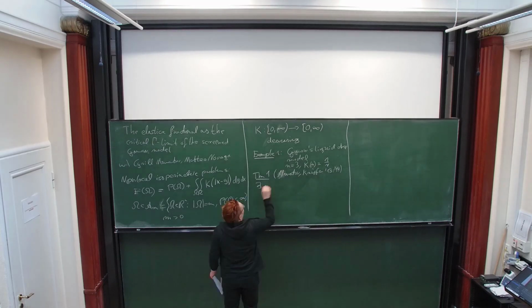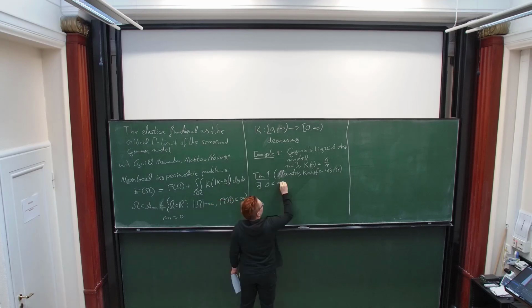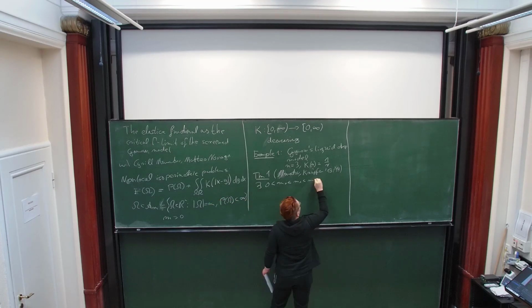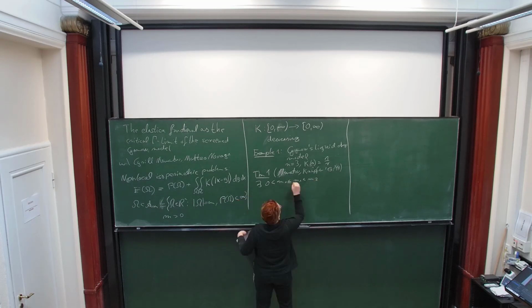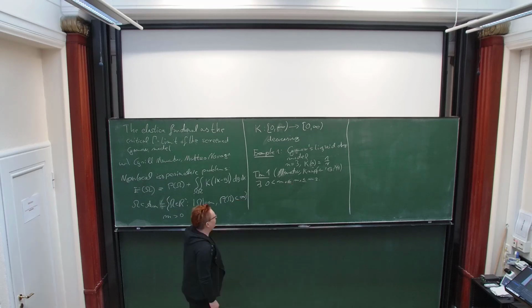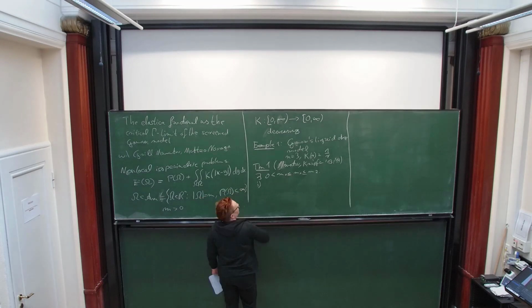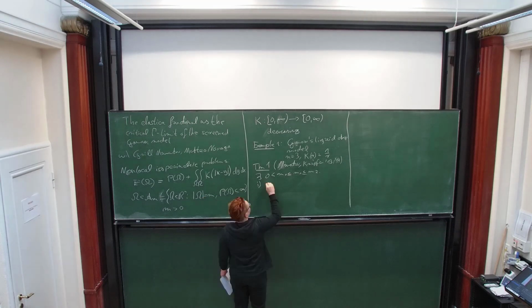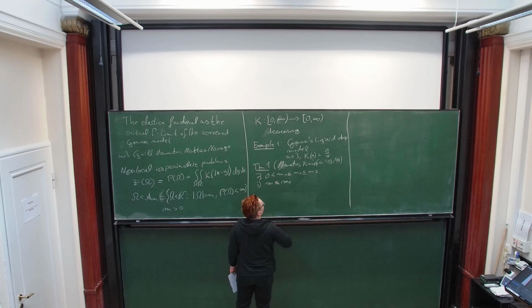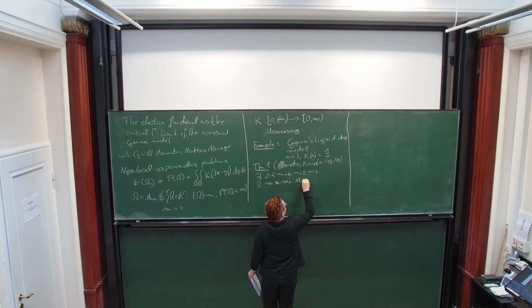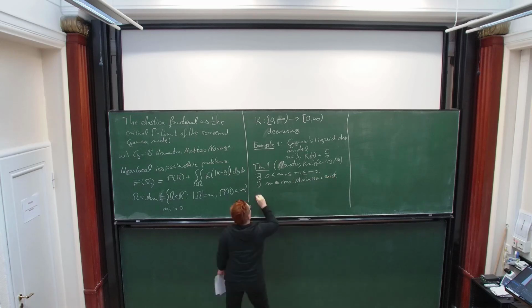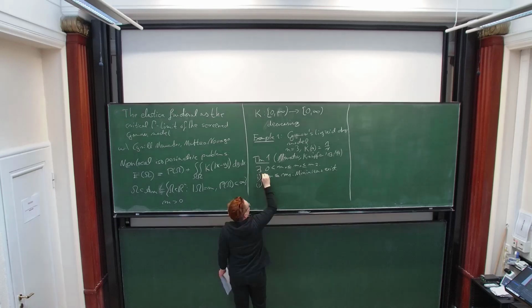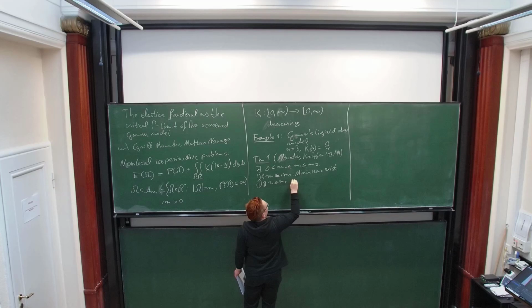And the theorem is that there exist three masses M0, M1, and M2 that are increasing and bigger than 0. And we have three statements. For M less than or equal to M1, minimizers exist. Second, if M is less than or equal to M0, then minimizers are balls.